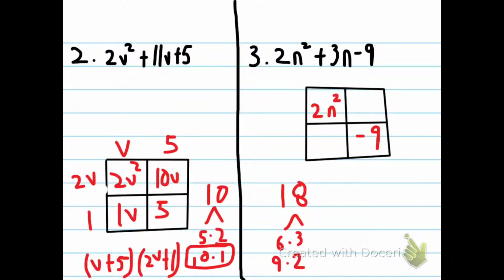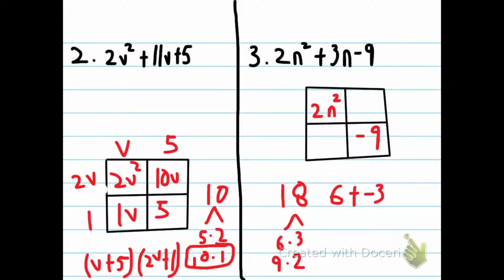So if you add 6 plus 3, that will equal 9. But say if you add a positive 6 and a negative 3, you get a positive 3. So that's how you know those are both the numbers we're going to use.